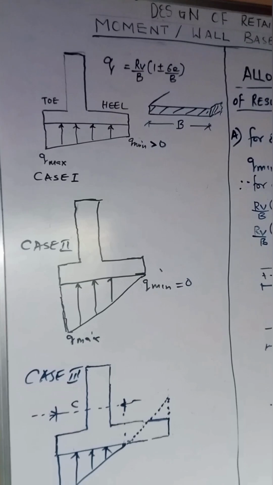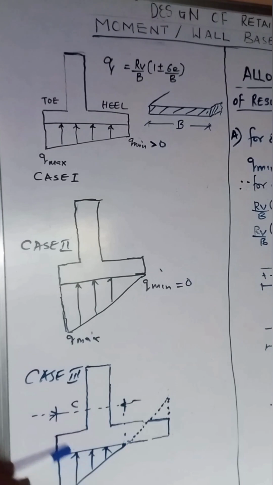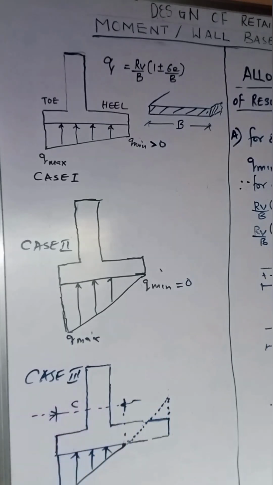Now, if we look at case 3, you agree with me that this portion of the base is almost useless. You can see from here, there's no pressure. So whatever design you are doing is for this region. Of course, in practical terms, you have to design for the entire footing. So invariably the whole of this section, where we have a loss of contact pressure, is as good as useless.